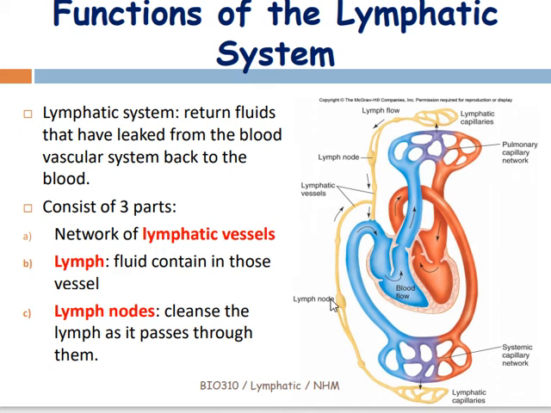And last but not least are the lymph nodes. As you can see here, the ones that look like nodules, the lymph node functions to cleanse the lymph, to cleanse the fluid as it passes through the lymph nodes. Later I will explain how the lymph node cleanses the fluid inside the lymphatic vessel.